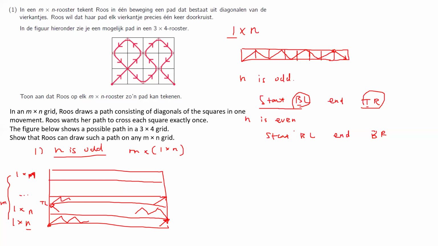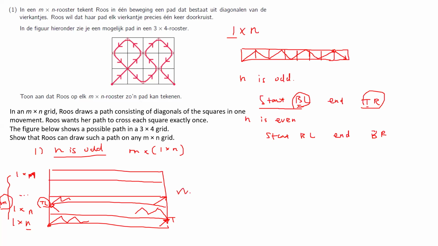So when n is odd, we always start at the bottom and end at the top. The m components can be stacked from bottom to top. It always starts at the bottom and ends at the top, and the top is the bottom of the second component, which ends at the top of the second component, which is the bottom of the third component.